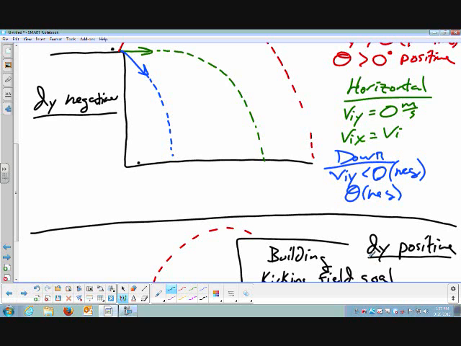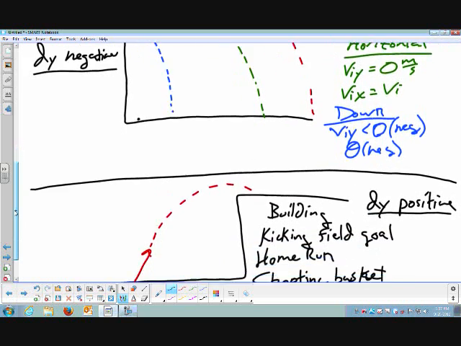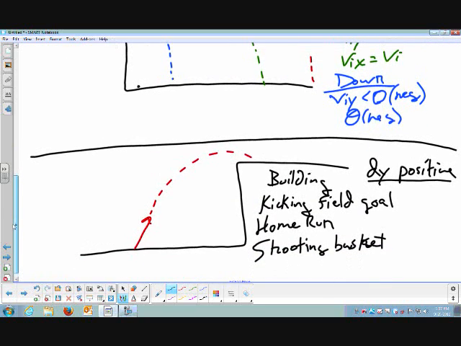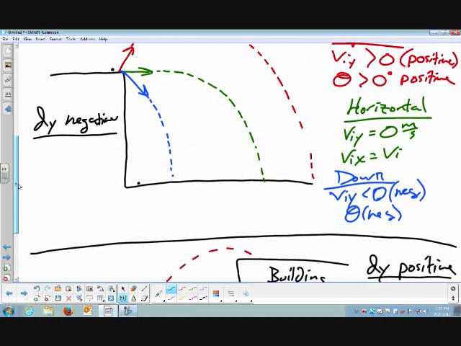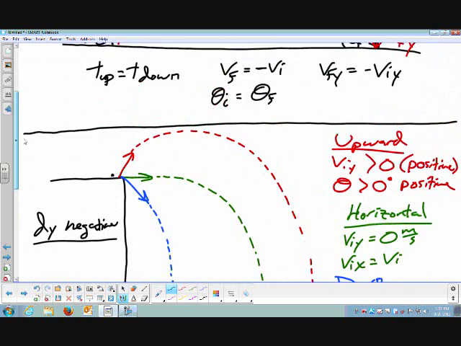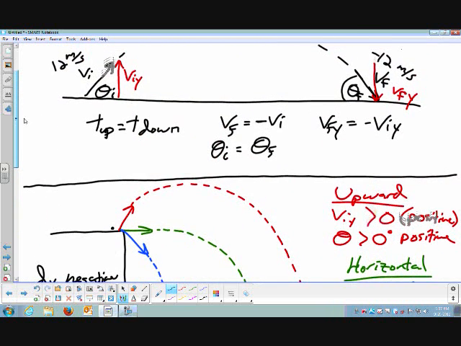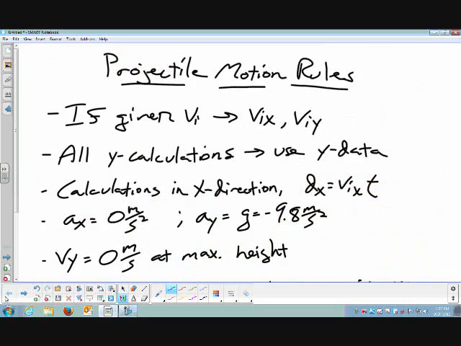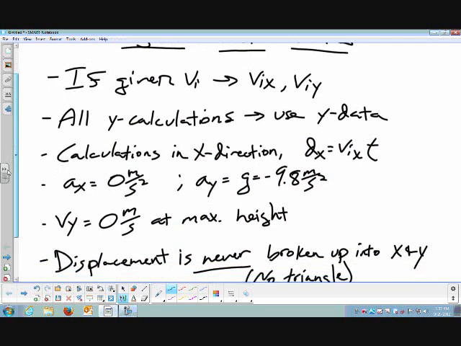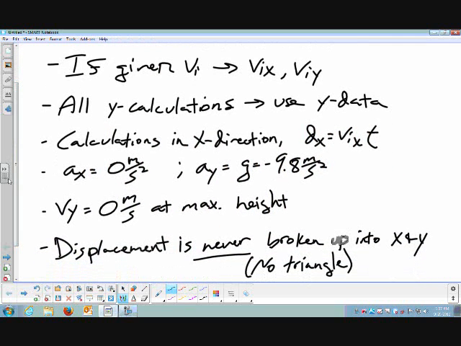That's all I really wanted to go through. Not a whole lot of information, but I call it my projectile motion cheat sheet, that I want my kids to use when they're analyzing the problems. This is the real good information, the projectile motion rules, as it were.